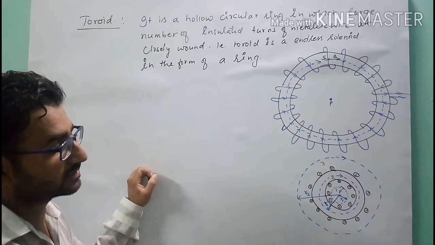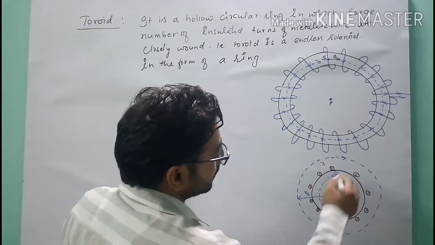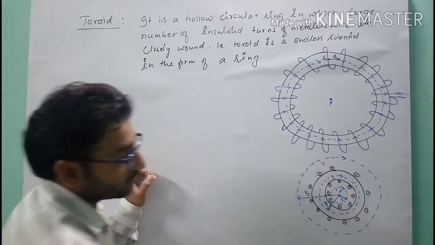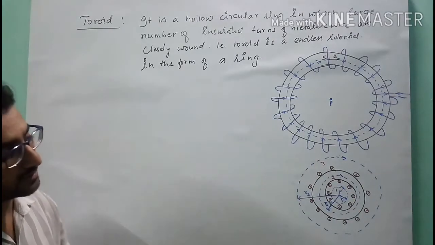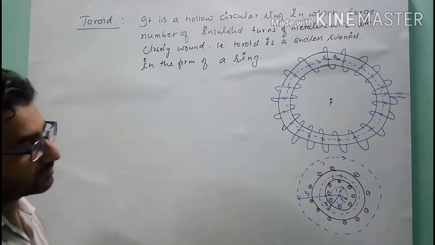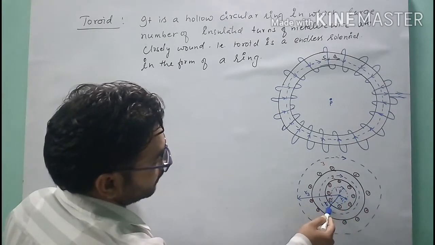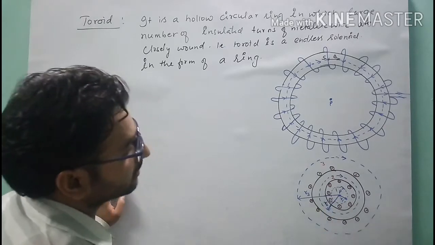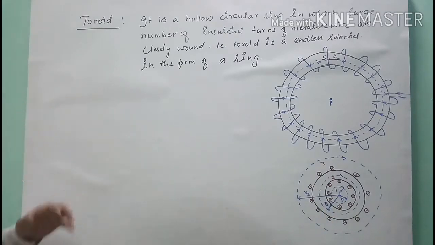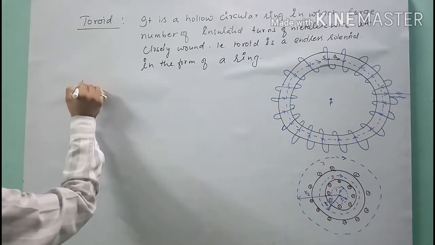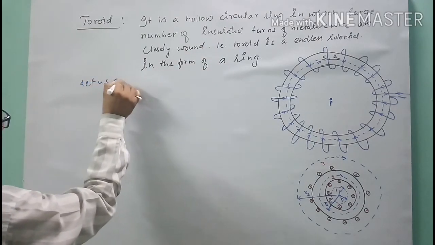So here we will consider these three circular Amperian loops, in the form of concentric circles of radius r1, r2 and r3, which is in front of you. Here we will calculate the magnetic field inside, in and outside the hollow circular ring.